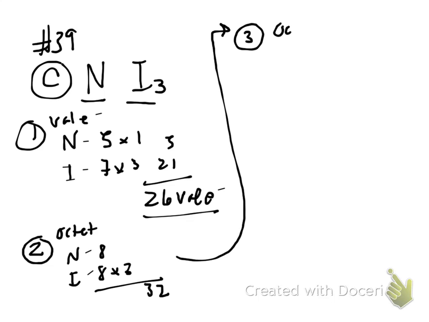So, the number of electrons everybody would like minus the valence. In other words, here, 32 minus 26. 6 shared electrons.